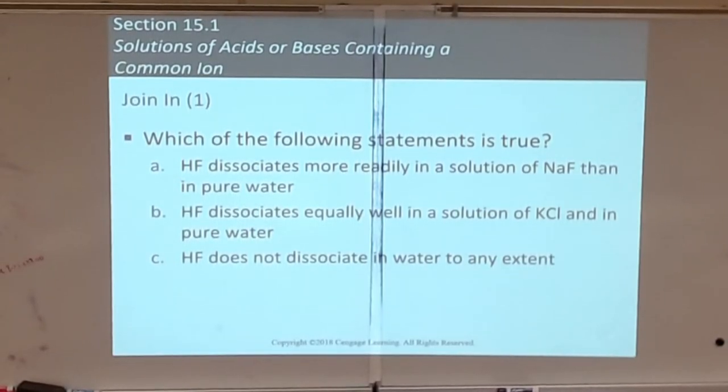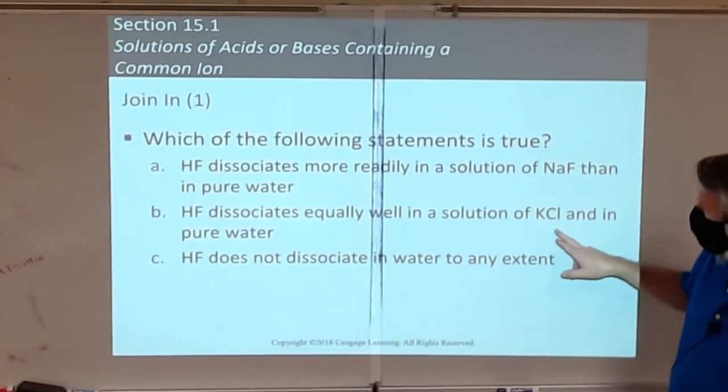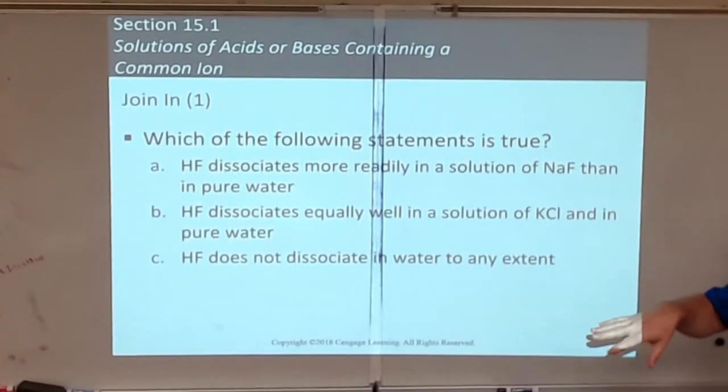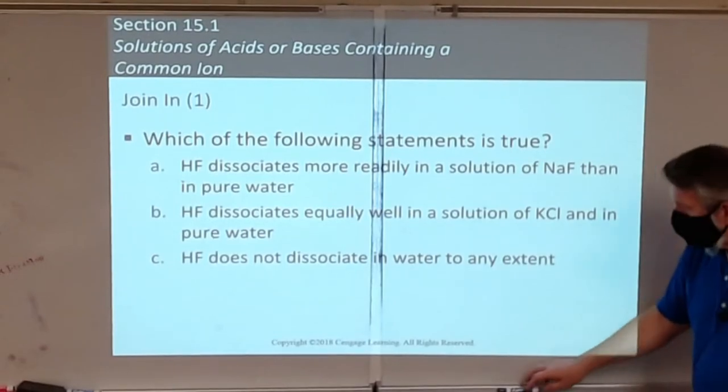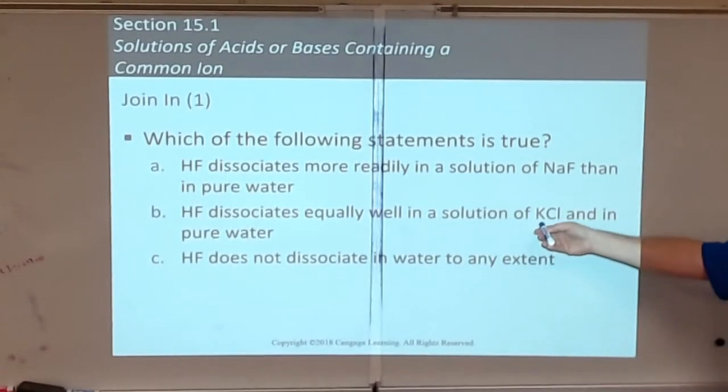What's the deal? What effect would having potassium chloride have on hydrogen fluoride? Well, potassium. Is there any common ions? No. Nope. And in fact, potassium hydroxide would do what? Is that a strong acid or base?